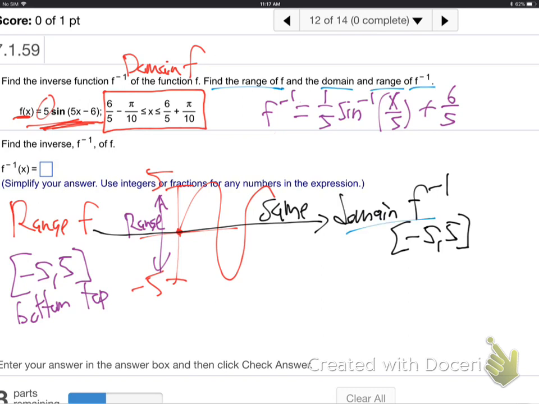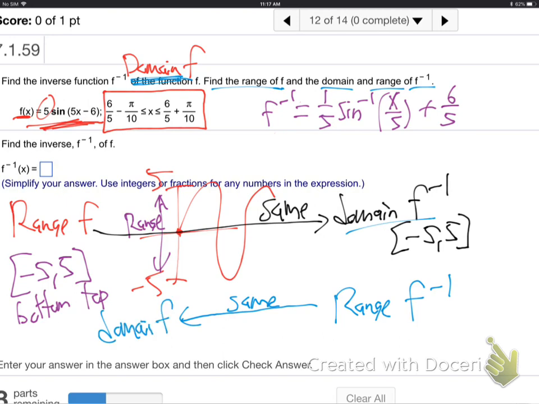Well, I've got the domain of f inverse. How am I going to find the range of f inverse? Isn't it just the domain of f? Yeah, it's this, isn't it? It's the same as the domain of the original function, which is what? Now, how do you do this?